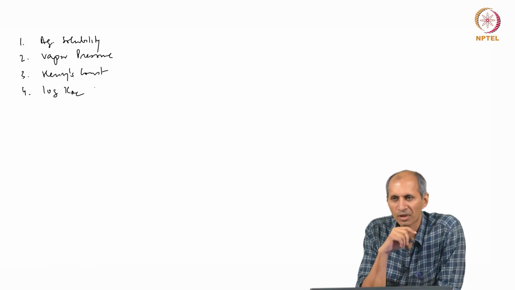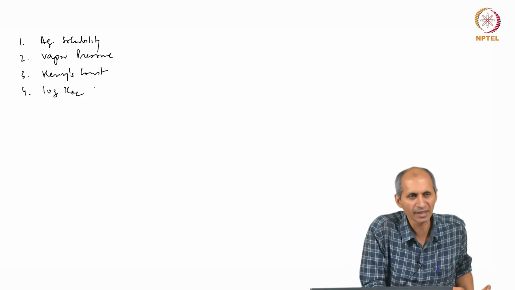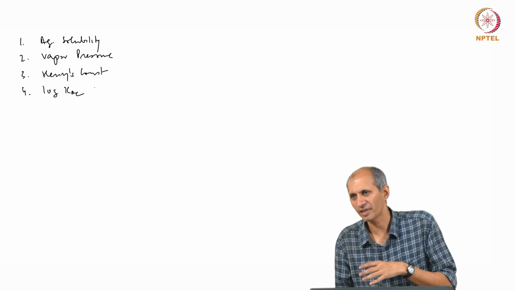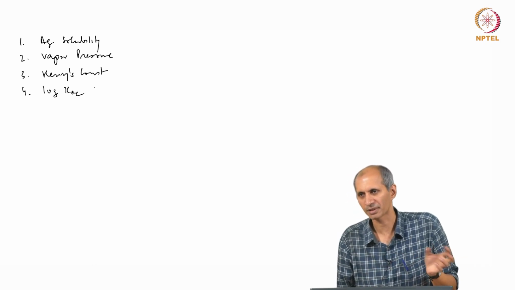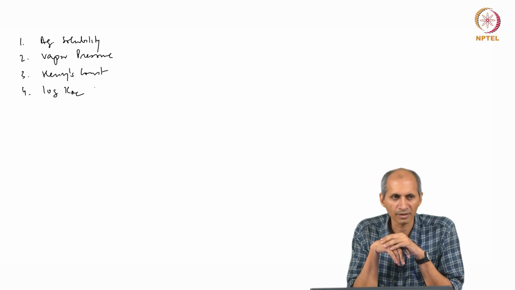In association with log KOC, it generally gives you the affinity, the tendency of a chemical to bind to an organic phase. This is a general assumption. There is a larger implication of this.